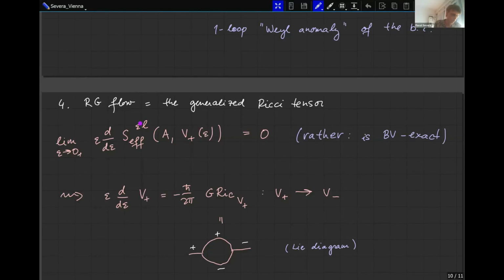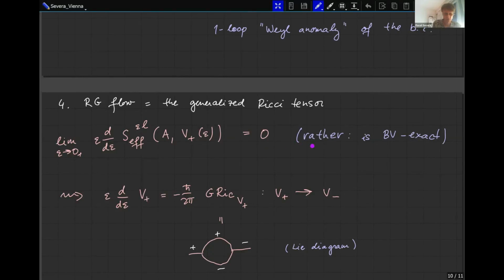So we put there this epsilon and try to take the limit, and it will diverge. So the idea is to make V plus also epsilon dependent. That's the standard thing to do. And we want to design it in such a way that the limit of those integrals actually exists when epsilon goes to 0. Technically speaking, what we really want is that the limit of this derivative is equal to 0.